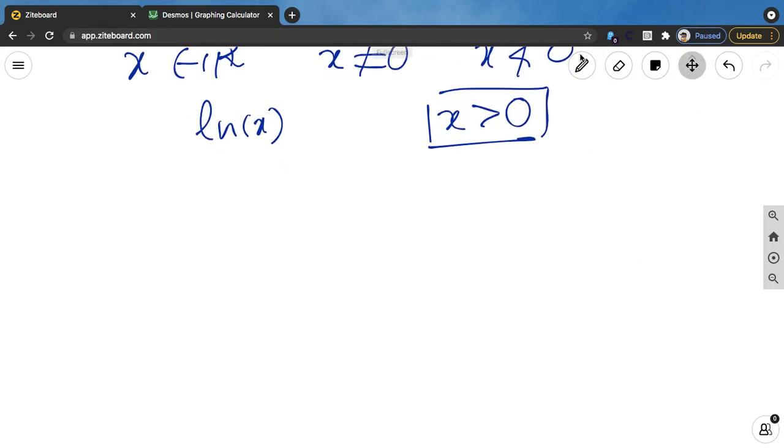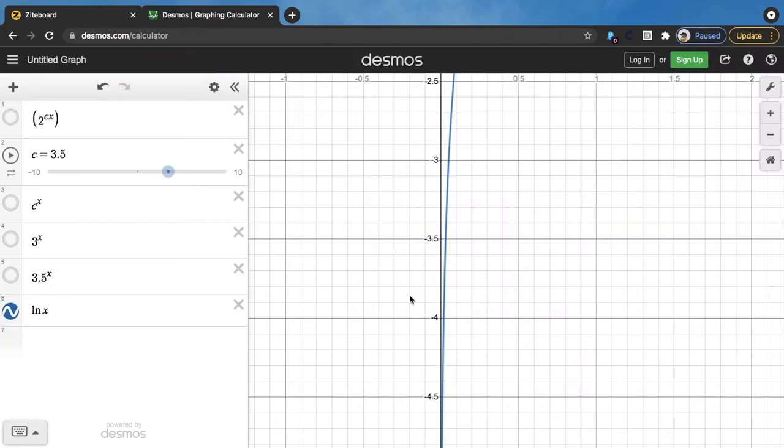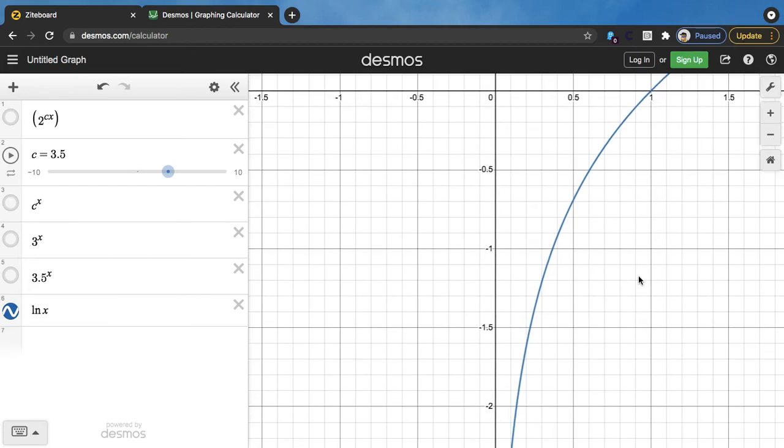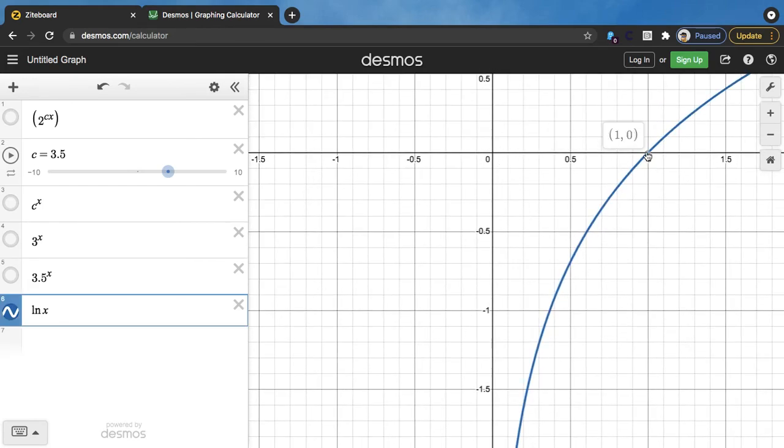Again, look at the graph closely and you will realize for values of x between 0 and 1, the ln value is negative. And for values of x greater than 1, the ln value is positive.